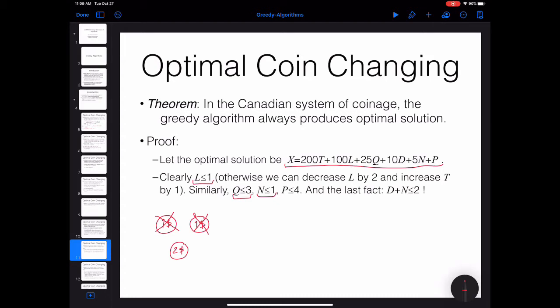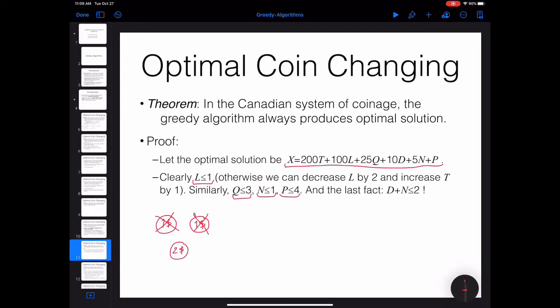And definitely the number of pennies is going to be less than 5, because every 5 pennies can be replaced with just 1 coin, 1 5 cent, right? So these facts are clear, you can draw them very easily.